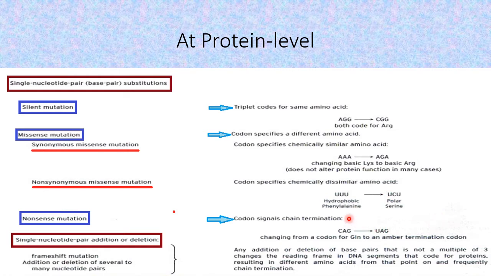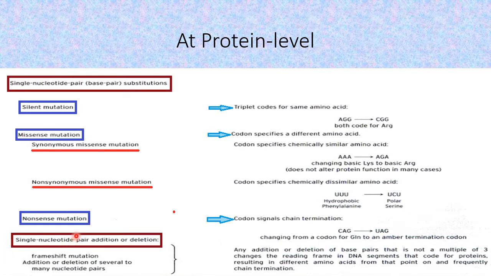For example, if the hydrophobic phenylalanine, which is coded by UUU, is replaced, here the central uracil is replaced by cytosine. So it leads to the formation of a polar amino acid, that is serine.